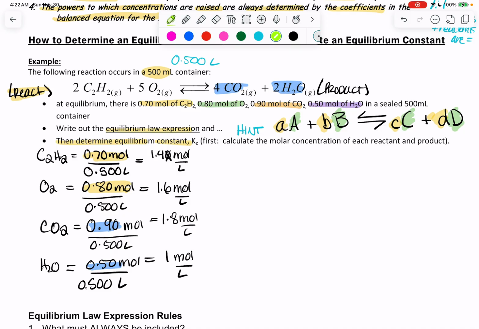So when I write my general equilibrium law expression, I write it in this way. Kc, so that's equilibrium, is equal to my products, the concentration of compound C to the power of c times the concentration of D to the power of d, the square brackets always mean concentration, divided by my reactants.